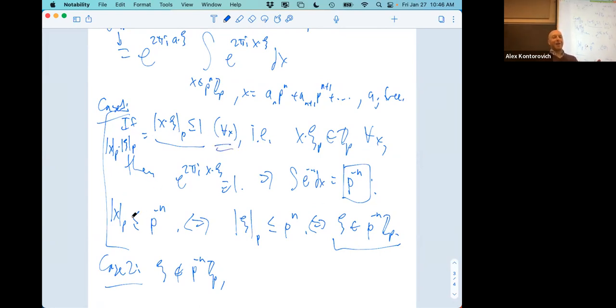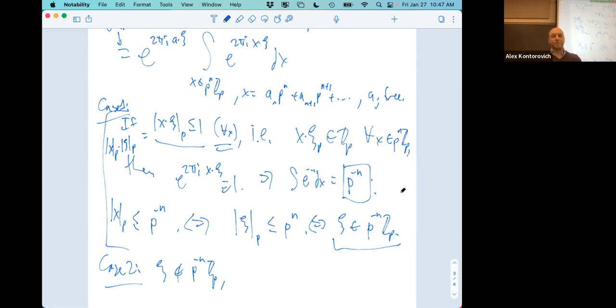That's why in my mind I was wondering, don't I want a less-than sign because I want to divide by that? No, it's the for all x. That upper bound induces an upper bound on c if and only if we have it for all x. So for all x, let's be precise, in p to the n Z_p.